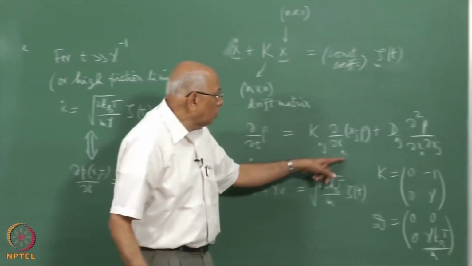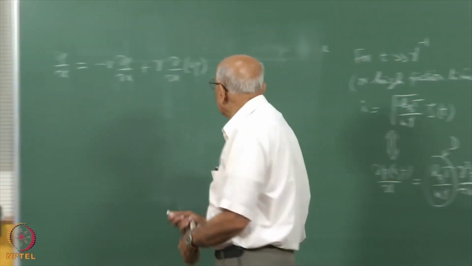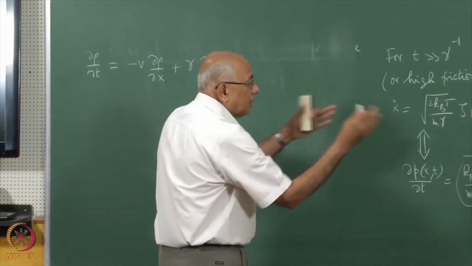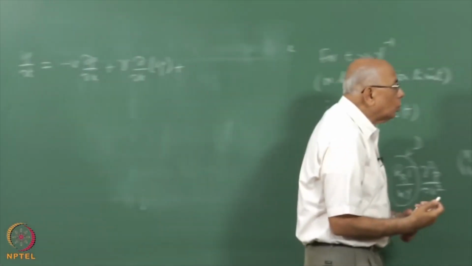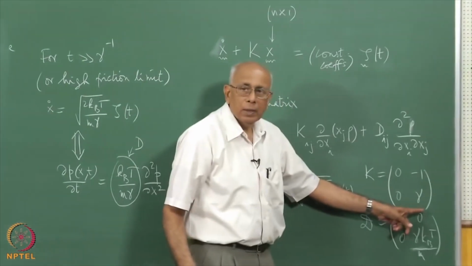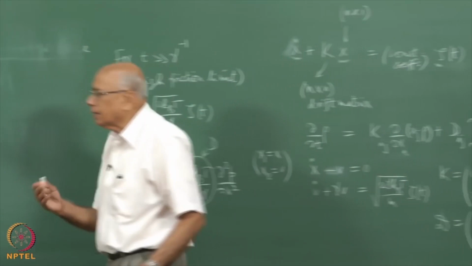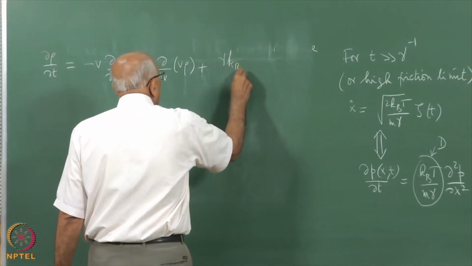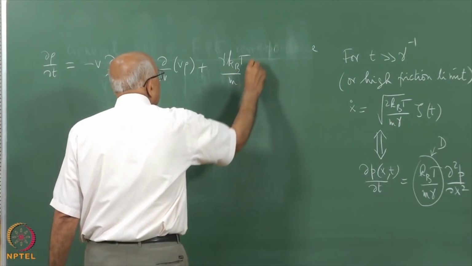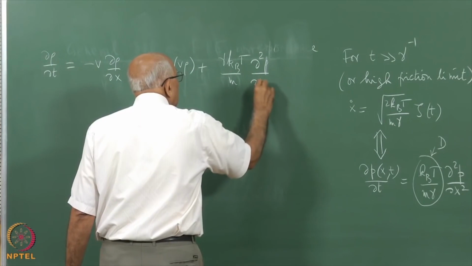Delta over delta x2 of rho, and x2 is v. And then the only term present from the diffusion matrix is the 2 2 term, that is the only term that is non-zero out here. So, it gives us exactly what we had in the original Fokker-Planck equation, gamma k Boltzmann T over m d2 rho over delta v2.